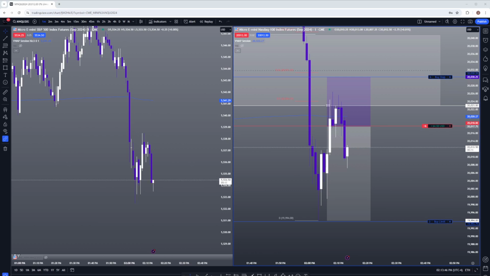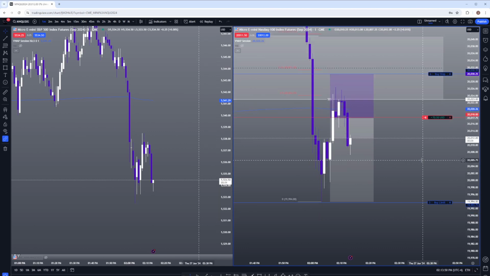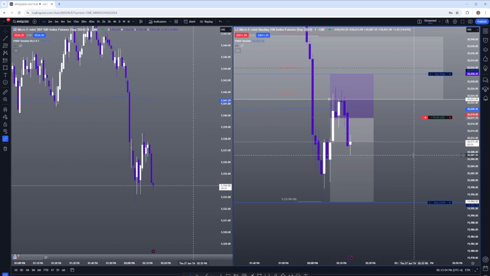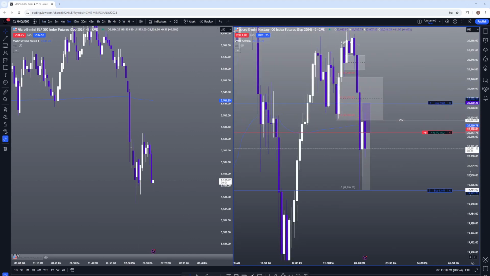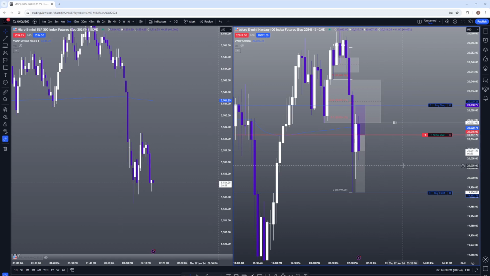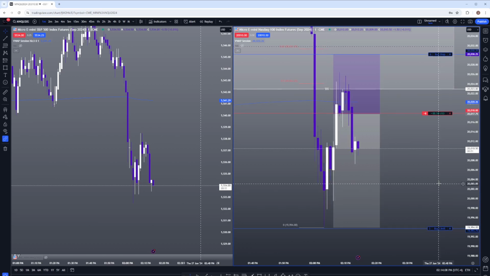See if we can get that continuation. Don't want to see us go up. Want to see us just drop very aggressively here. Nice 5-minute breaker block. Bouncing off the breaker. Can we get that continuation down? 1 minute fair value gap created here.